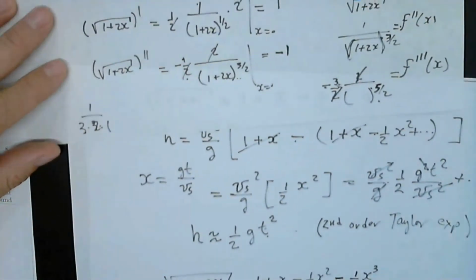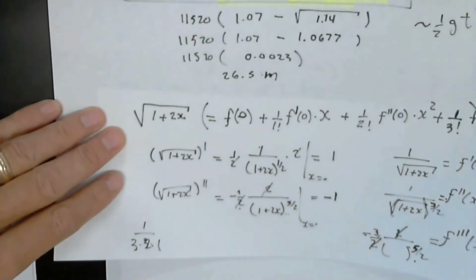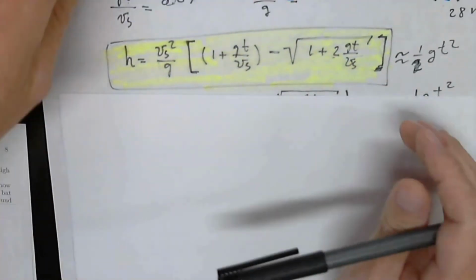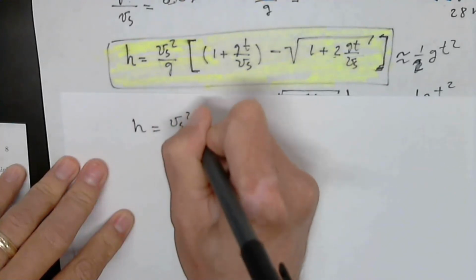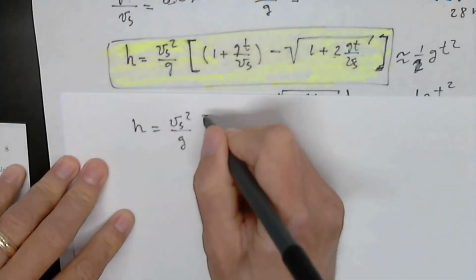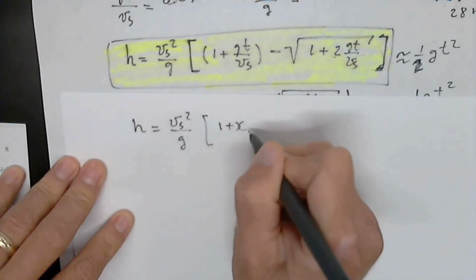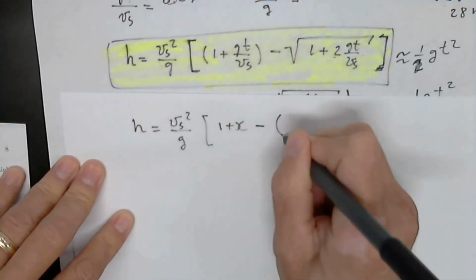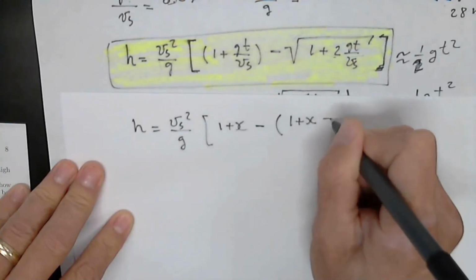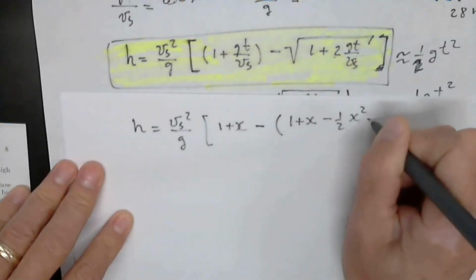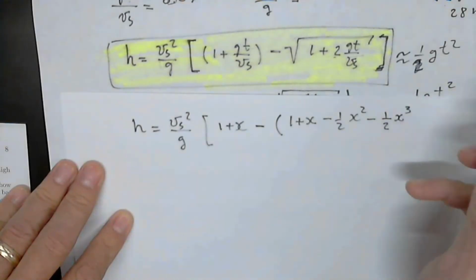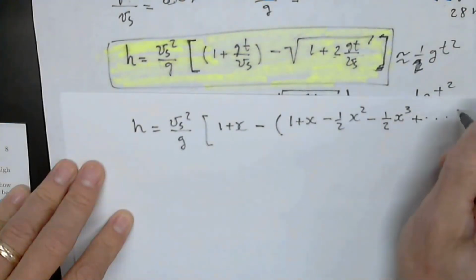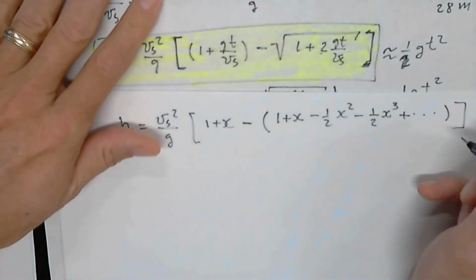Let's continue now the Taylor expansion of this function here. So it's going to be h equals bs squared over g, and then I have 1 plus x minus 1/2 x squared minus 1/2 x cubed, and other terms.